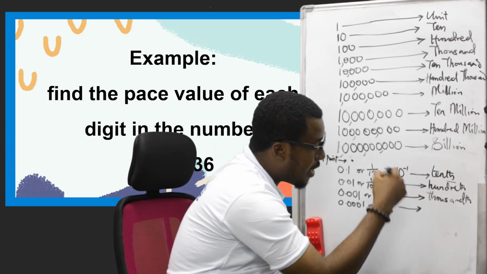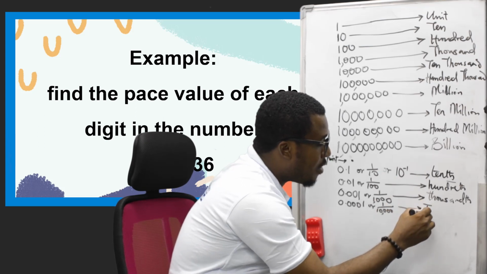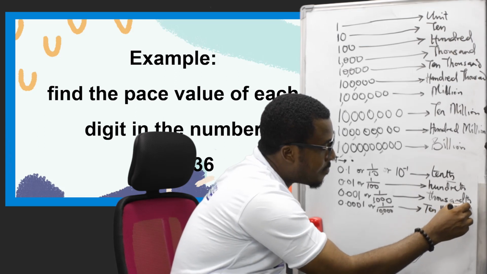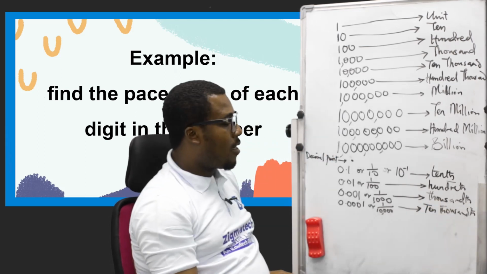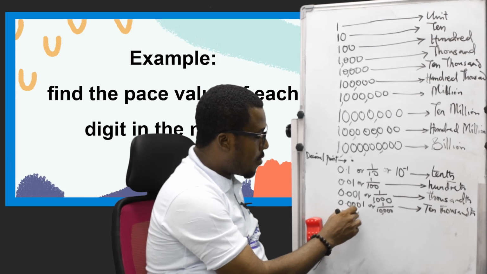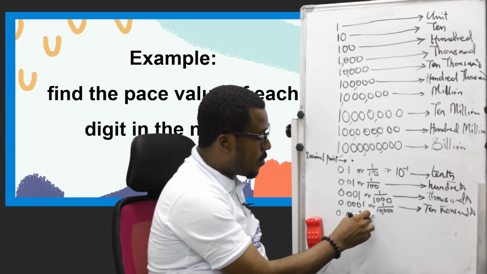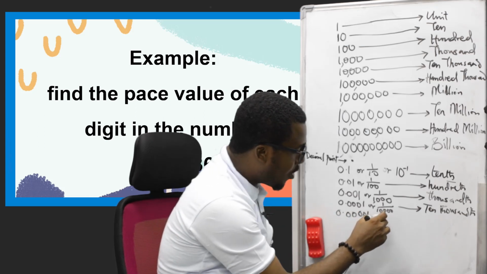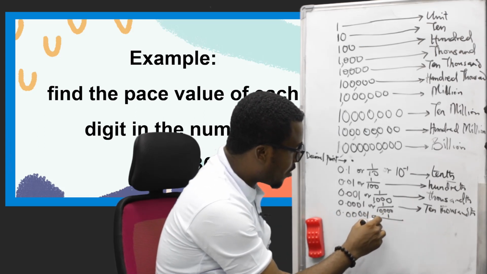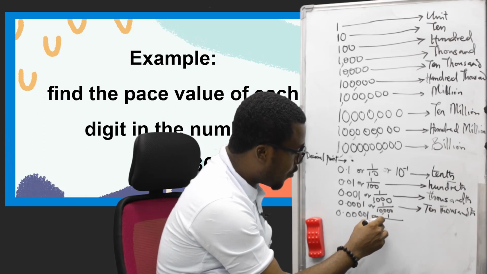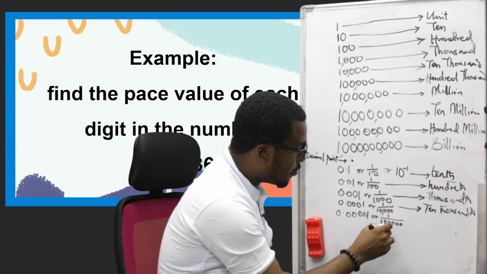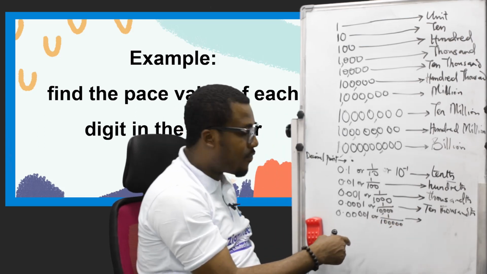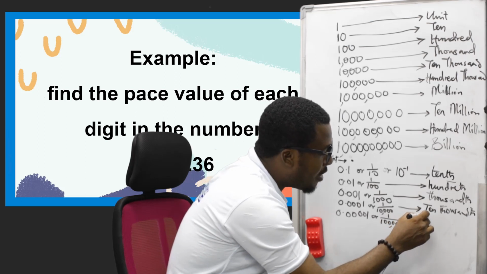And if it's tens of thousand in the normal way, it will be 10,000th. The presence of 4 zeros here tells me it will be 1 over 100,000, which means the presence of hundreds of thousands tells me this will be 100,000.